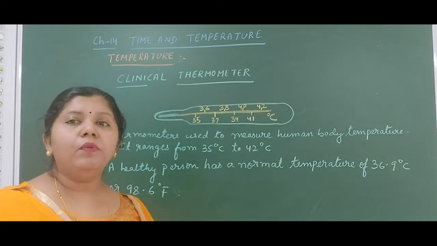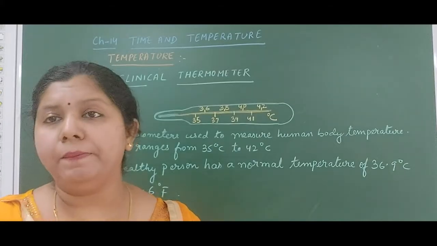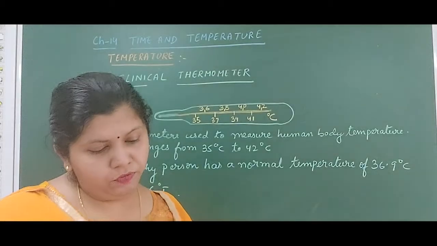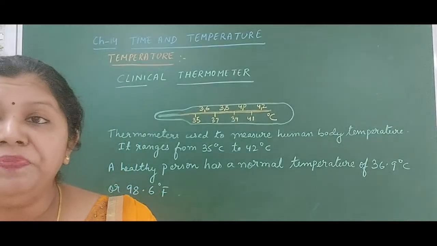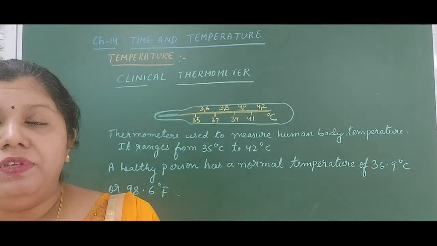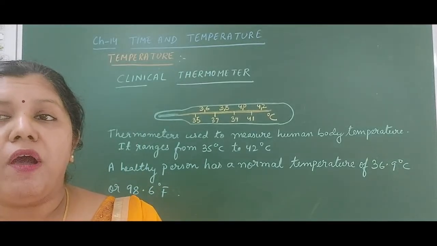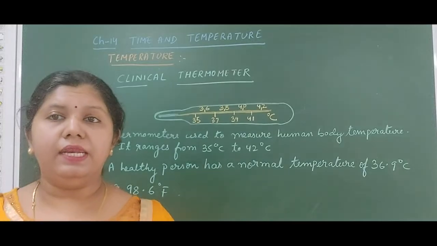You have to place it under your tongue or in the armpit. If you place it in these two positions of your body, the tip of the thermometer containing mercury gets the warmth, so it will measure the temperature very easily.